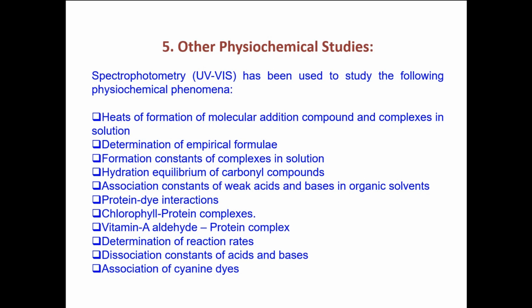Then determination of reaction rates, which I already told you. In the case of enzymatic reactions, you can use the same kind of experiments for pure compounds and their reaction rates. Dissociation constants of acids can be identified, and association of cyanine dyes can also be characterized.